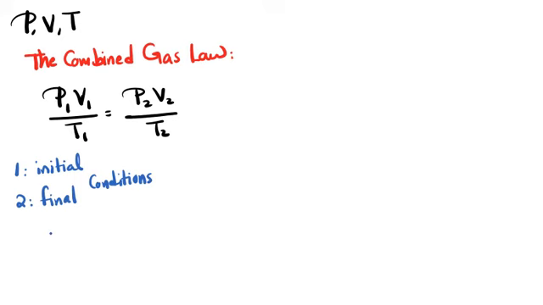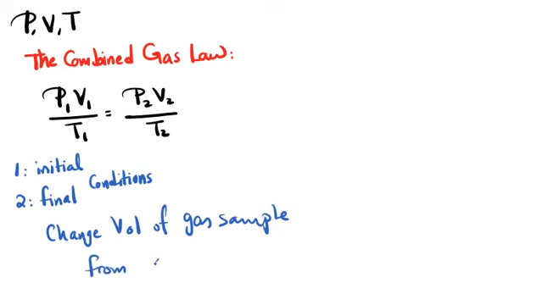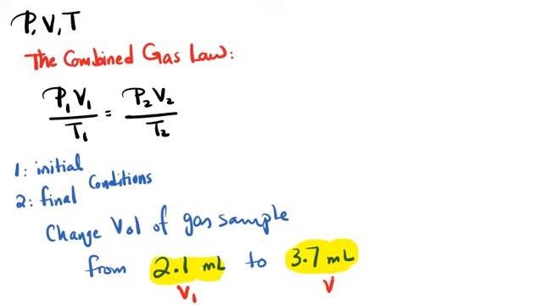Likewise, if we change the volume of a gas sample from 2.1 mL to 3.7 mL, for example, the first volume is the initial volume and the second volume is the final volume. If I consider that for solving our problem, the first one is going to be V1 and the second one is going to be V2. That is something we should know.